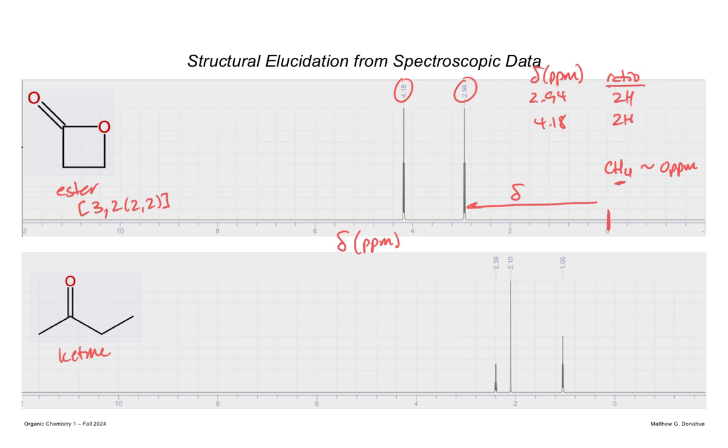For the ketone, we said there was 4 unique carbons, 3 sets of H, which were 3, 3, and 2. So we see the 3 signals, right? Here's 1, there's 2, and then there's 3.